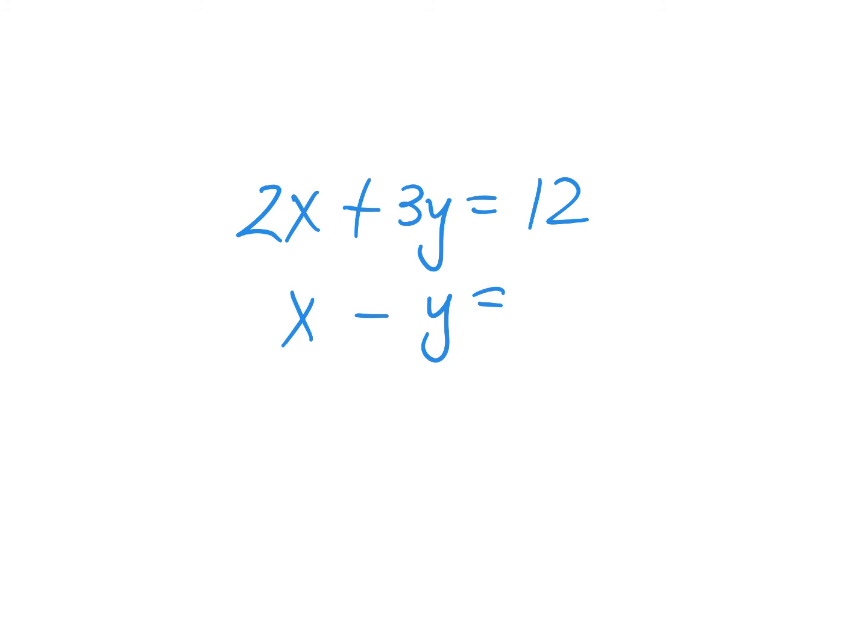Let me think. Now, sometimes there are opinions, and your opinion's the one that matters. Because maybe elimination is the best choice, but maybe you really like substitution better. You get to make the call.